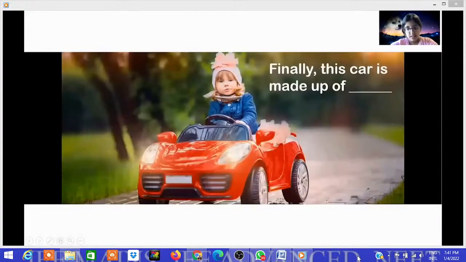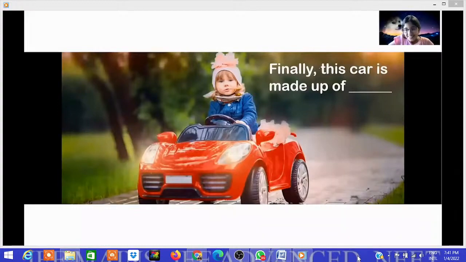Perfect. Amazing. Finally, this car. Let me know what this car is made up of. Wheels.